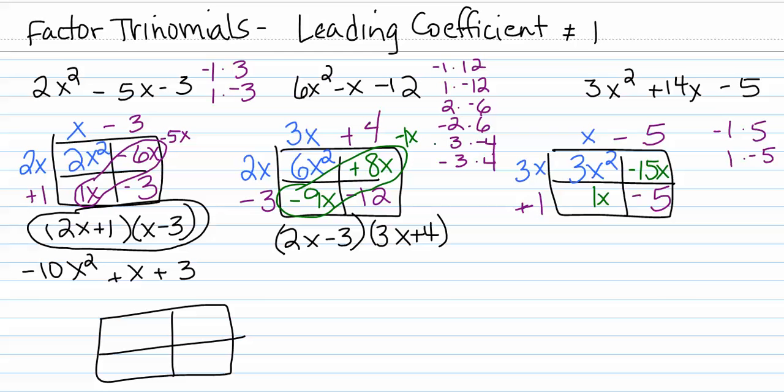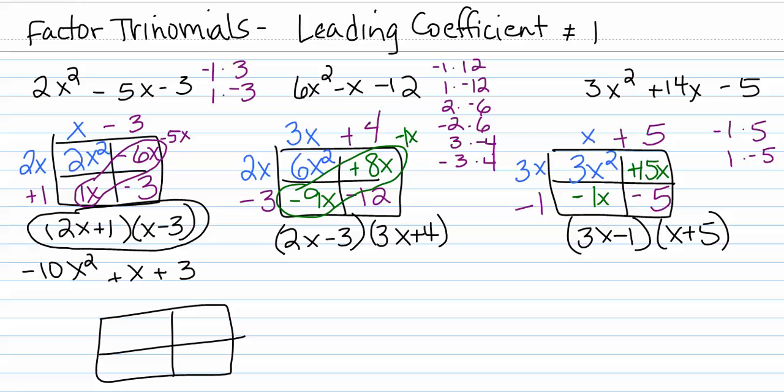I want positive 14. So that tells me I got the right numbers, I just don't have the right signs. Let's change some signs on our numbers. So now I'll have negative 1x, positive 15x, and when I combine those, I will have a positive 14x. So my factors would be 3x minus 1 times x plus 5.